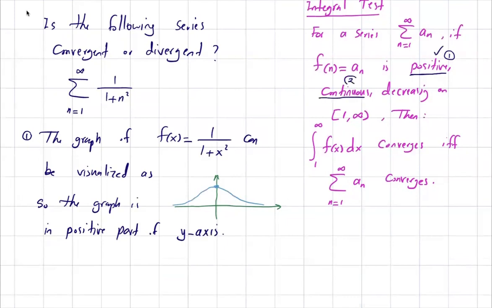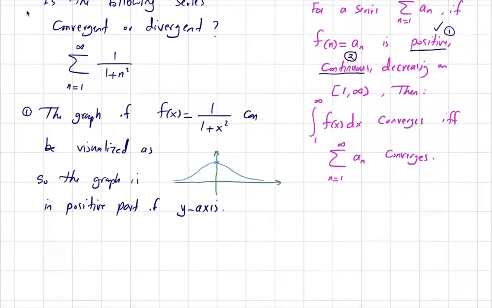Take a look at the graph. The graph is continuous everywhere. Analyzing the rational function 1 divided by 1 plus x squared, this is continuous everywhere.